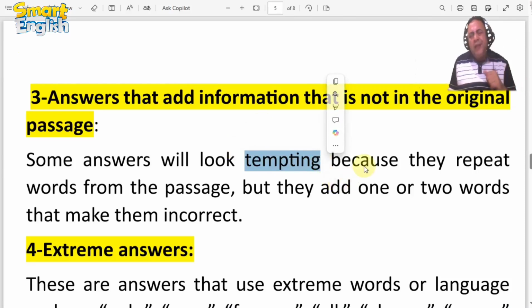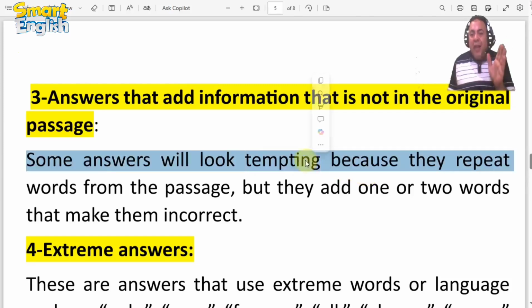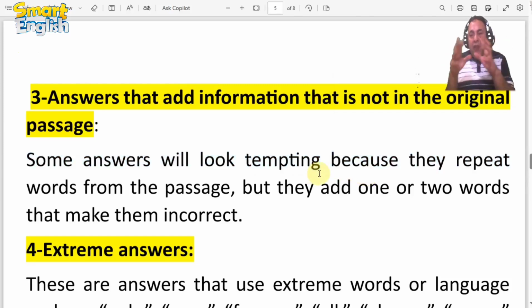Oh, this one is right. But you have to focus and be cautious. It is not the right answer because, although it attracts you, it does not belong to the original passage. There are more details and information added into this choice that are not mentioned in the original text. So you have to avoid this kind of choice.